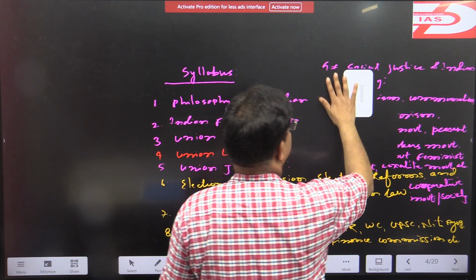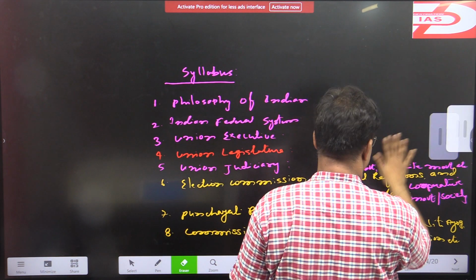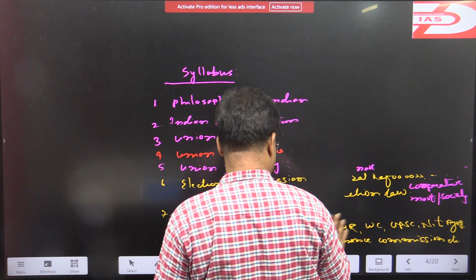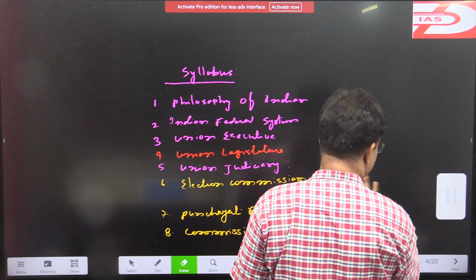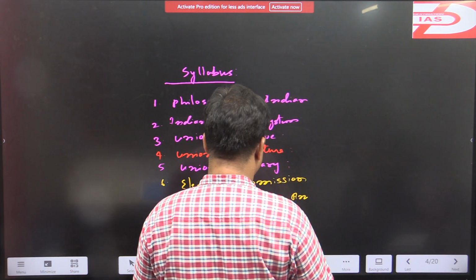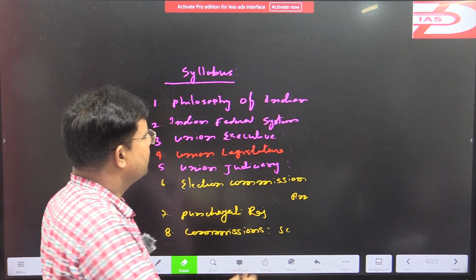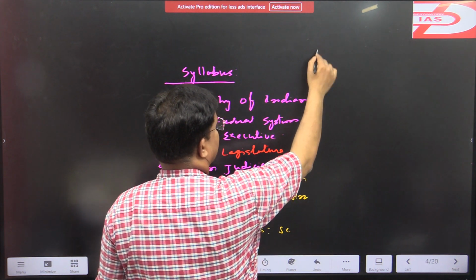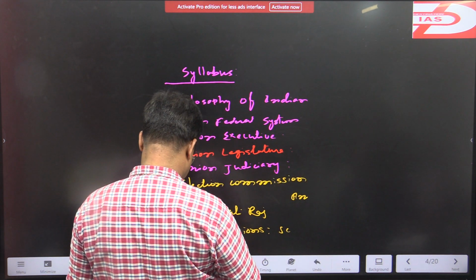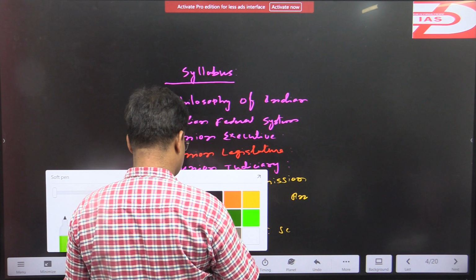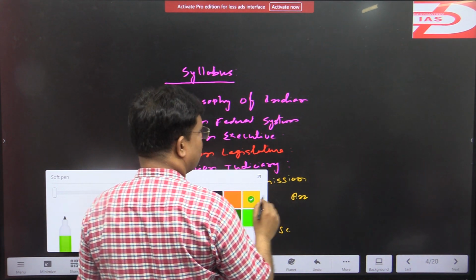Then your other homework: you will write all the chapters whatever I have written here, then draw one table in this way.